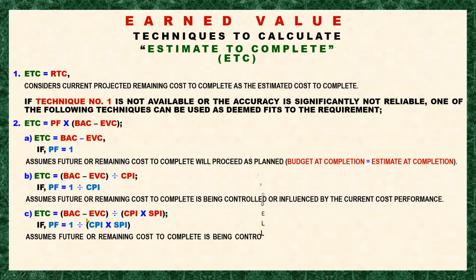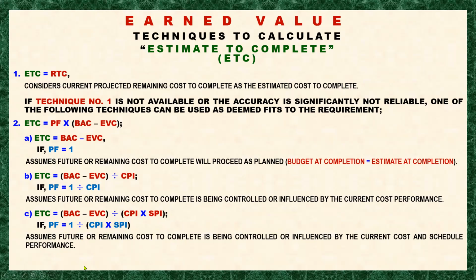ETC is equal to BAC less EV divided by CPI multiplied by the schedule performance index. That is, if the performance factor is equal to 1 divided by the product of the cost performance index and the schedule performance index. So this will be the formula.